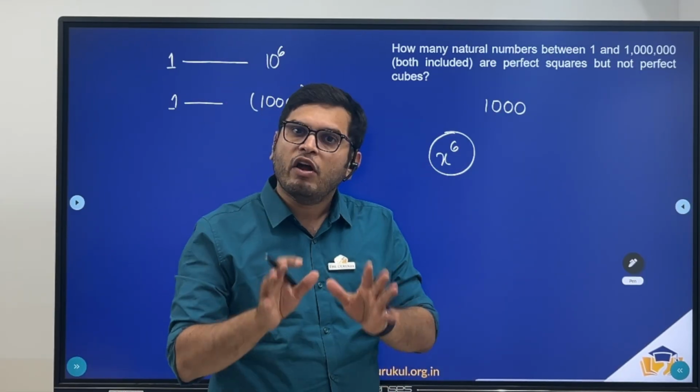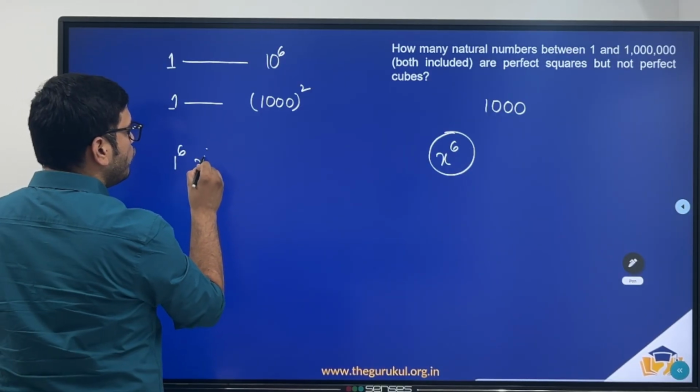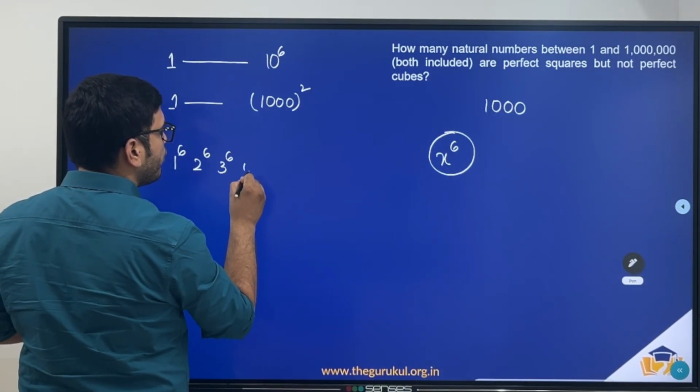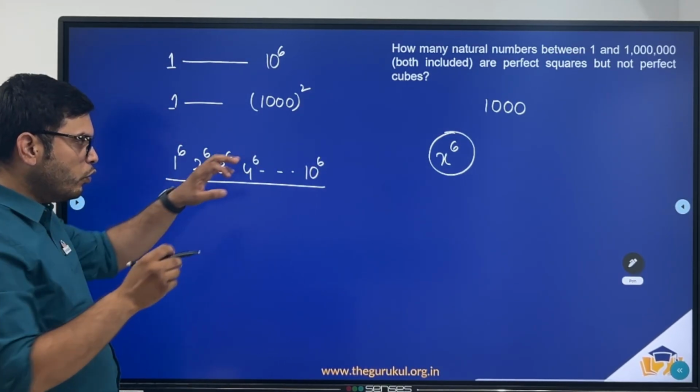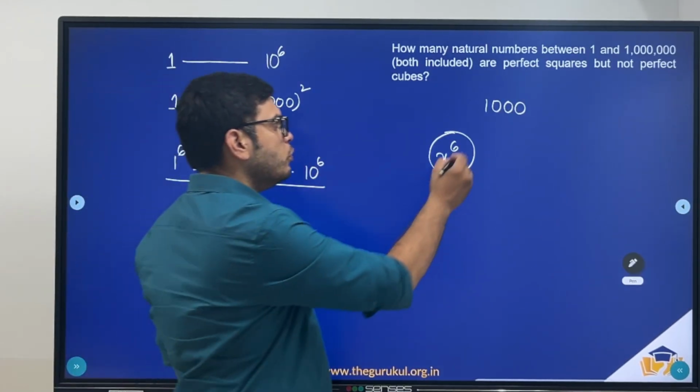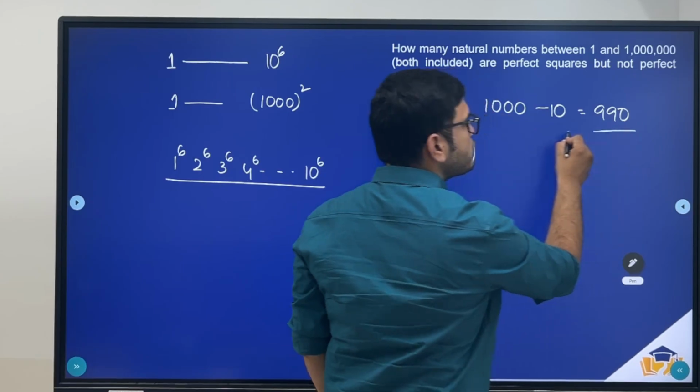How many numbers do we have? We have only 10 numbers: 1 power 6, 2 power 6, 3 power 6, 4 power 6, and so on till 10 power 6. We do not want these 10 numbers. So 1000 minus 10, 990, should be the answer to this question.